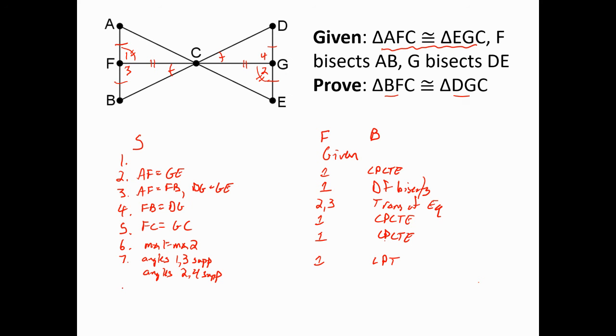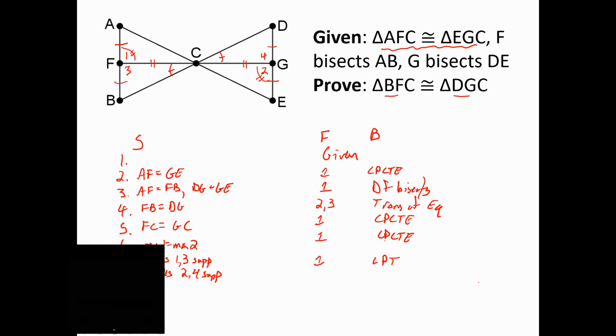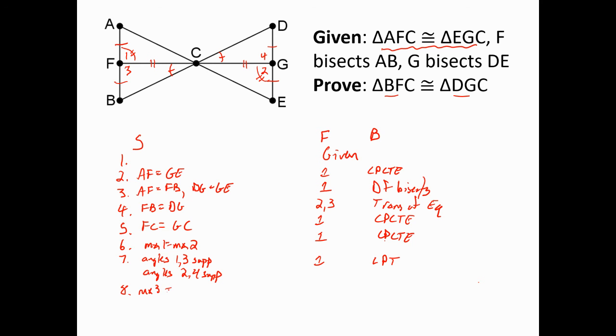And then let's see, we now have 2 angles, namely 3 and 4, supplementary to equal angles. So it follows that the measure of 3 is equal to the measure of 4, from 7, and that's the same supplements theorem. Angles supplementary to equal angles are themselves equal.